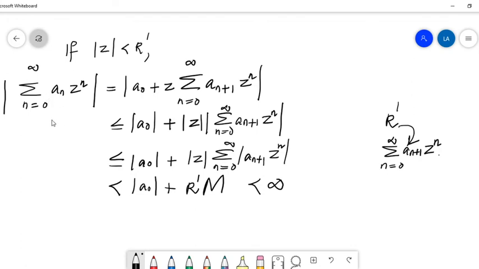But the radius of convergence of the series is capital R, which is the largest possible such capital R. That means here we can say that this r dash is less than or equal to capital R. This is what we got now.